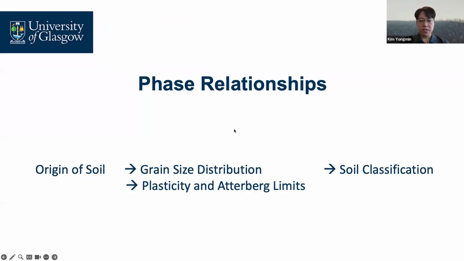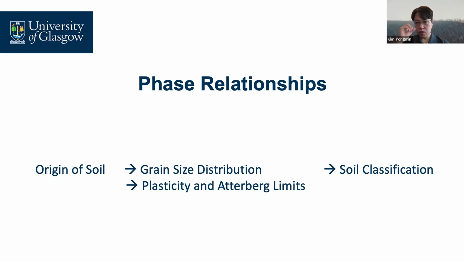Last week, we discussed the origin of soils, grain size distribution, plasticity, and the Atterberg limits. All things considered, we are able to classify our soils as coarse grain or fine grain. For coarse grain, we can see the grain size distributions. And for fine grain soils, by using hydrometer analysis, we can reclassify.